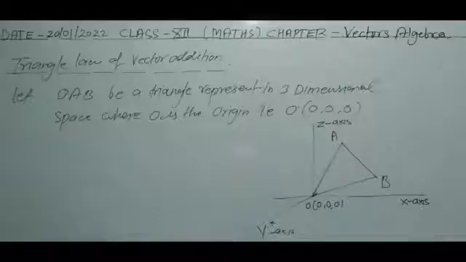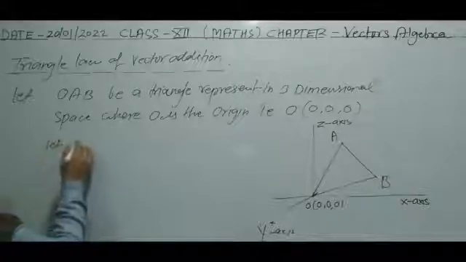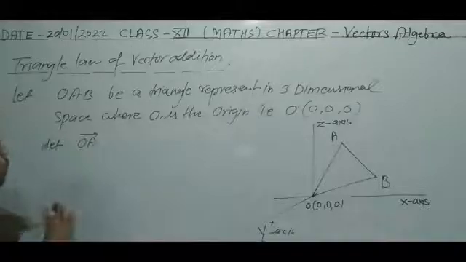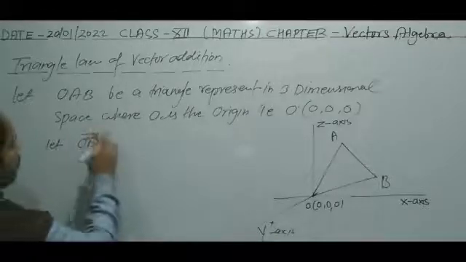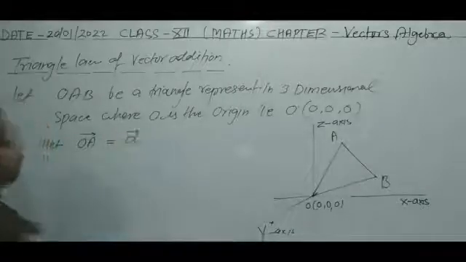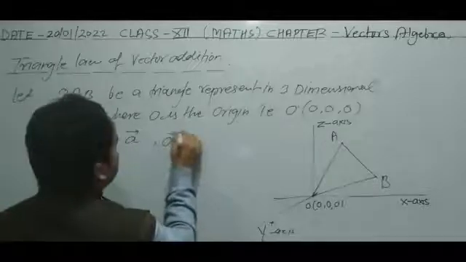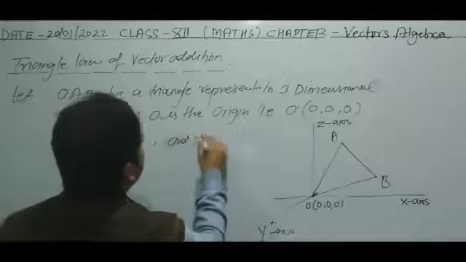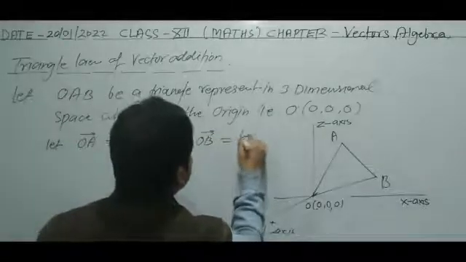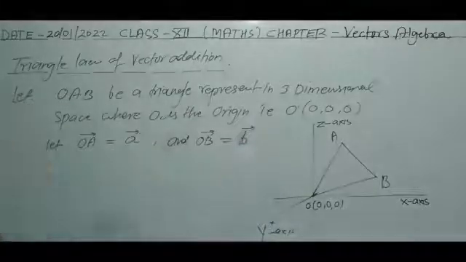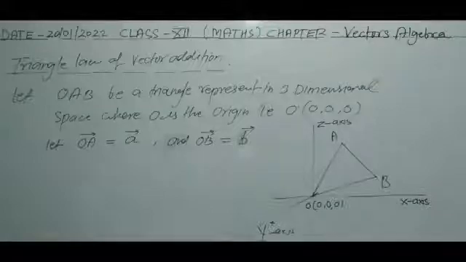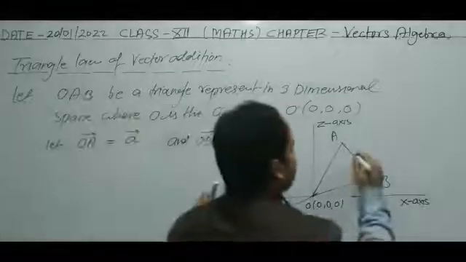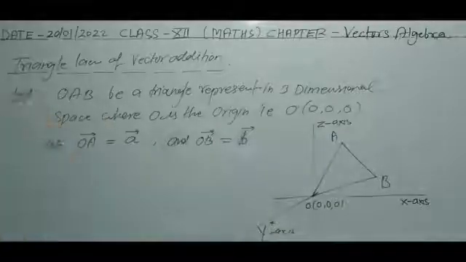Now see, let vector OA be vector a, and vector OB be vector b, and vector AB, what we can write?